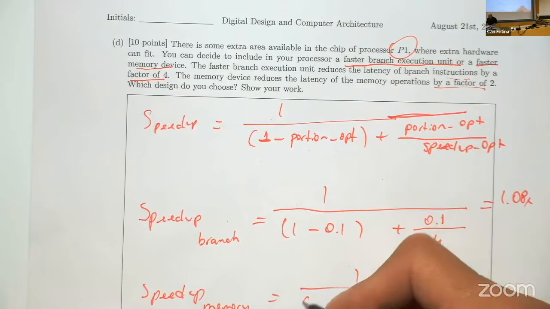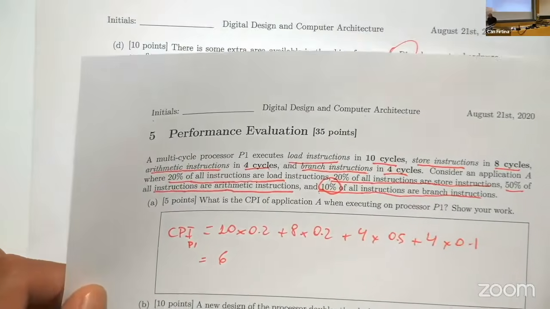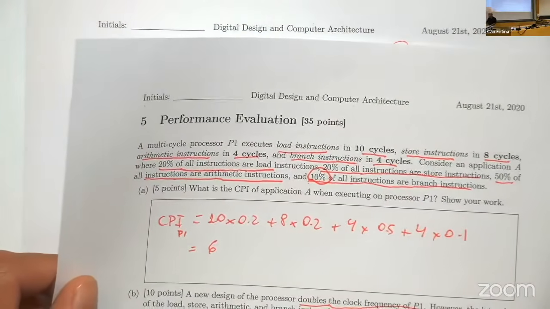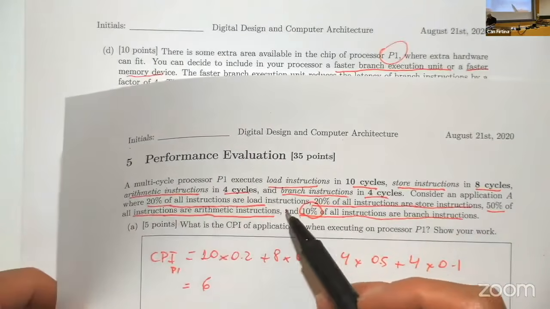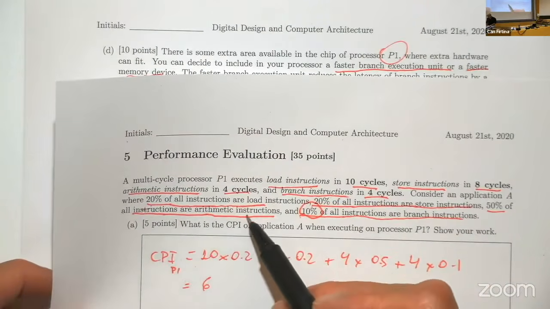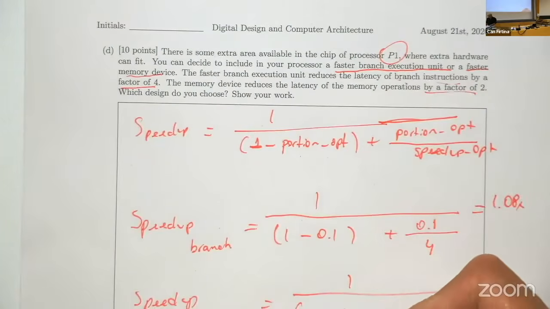Then you do the same for the memory. 1 over 1 minus the portion that you're optimizing, right? This is a memory unit, so this memory unit supports both load and store operations. So you have 20% of all of the instructions are loads and 20% of all of the instructions are stores, right? So this is 0.2 plus 0.2.